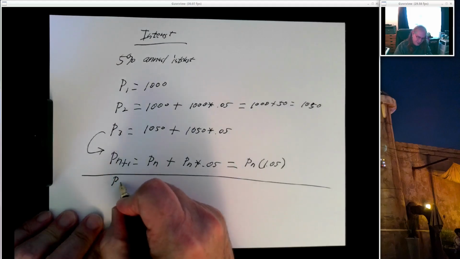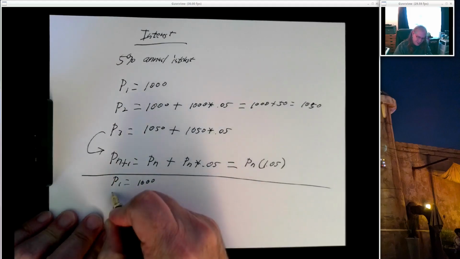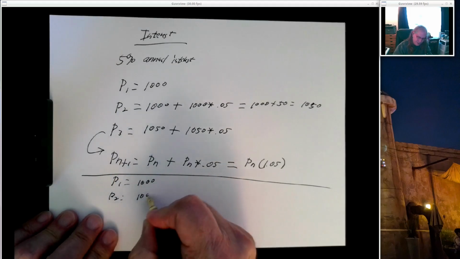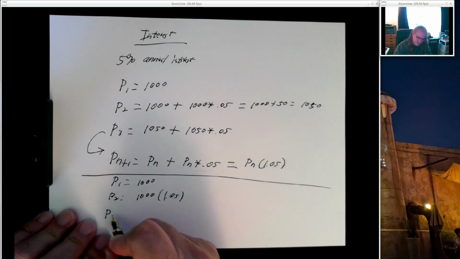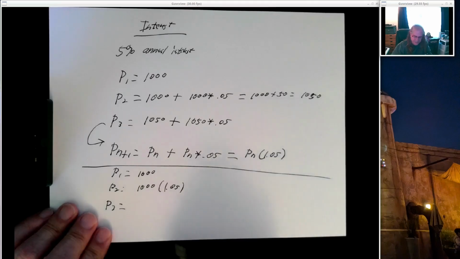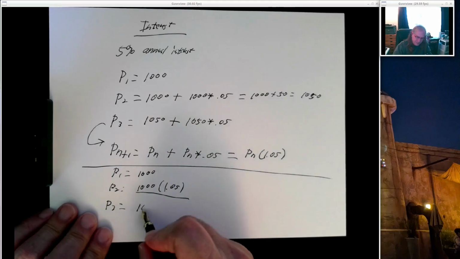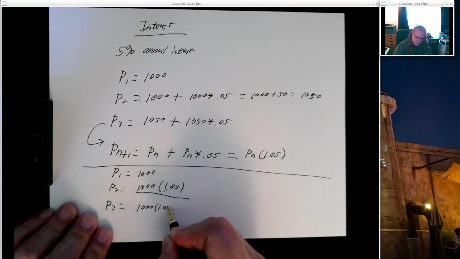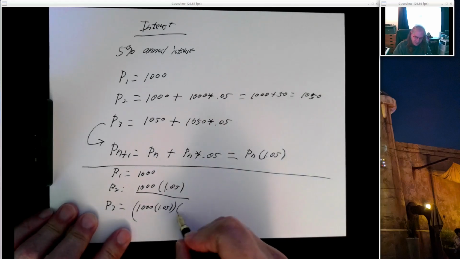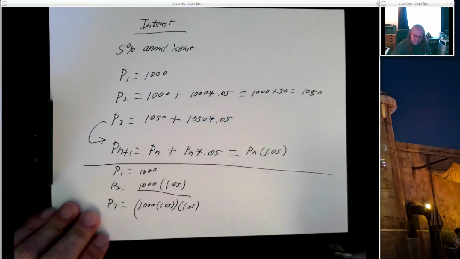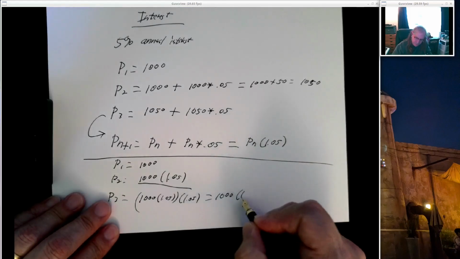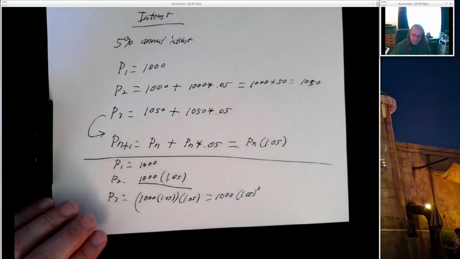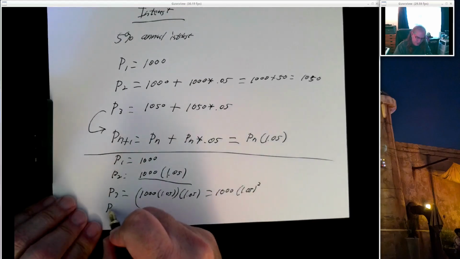So let's rewrite this. P1 equals 1,000. P2 equals 1,000 times 1.05. The next year, you would have this amount multiplied by 1.05, so you get 1,000 times 1.05 squared.